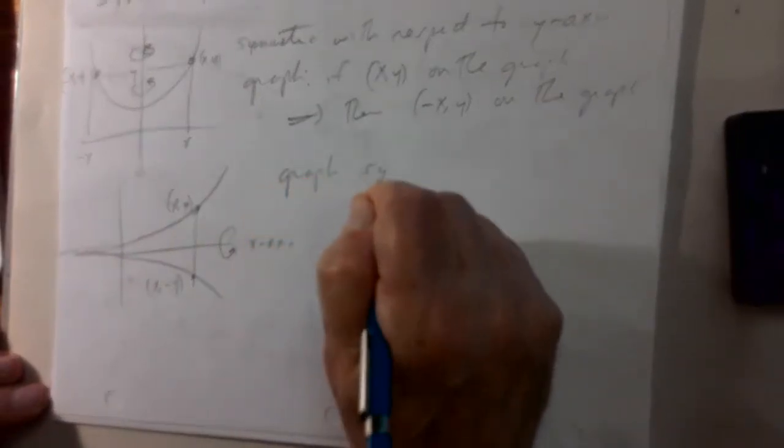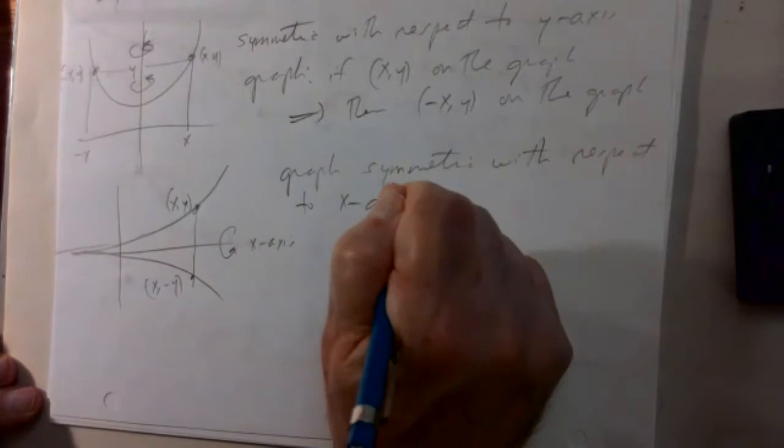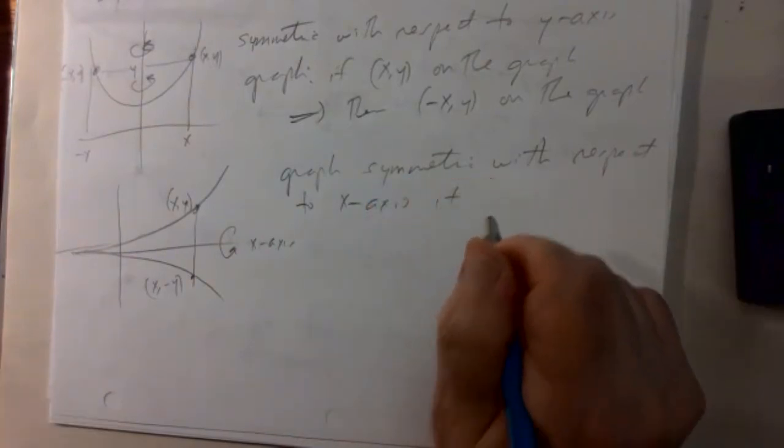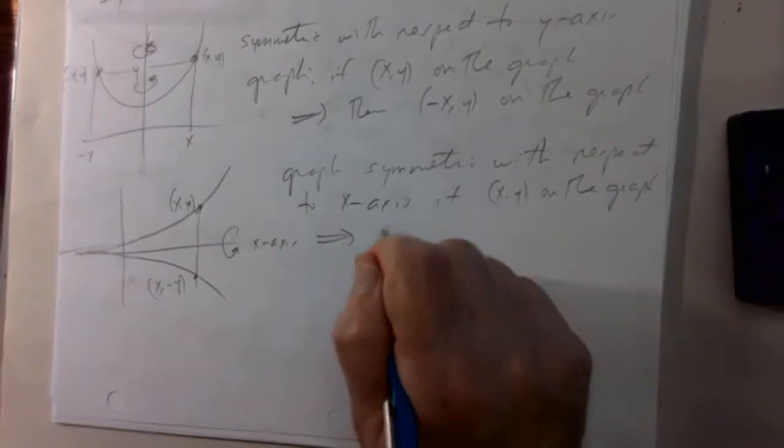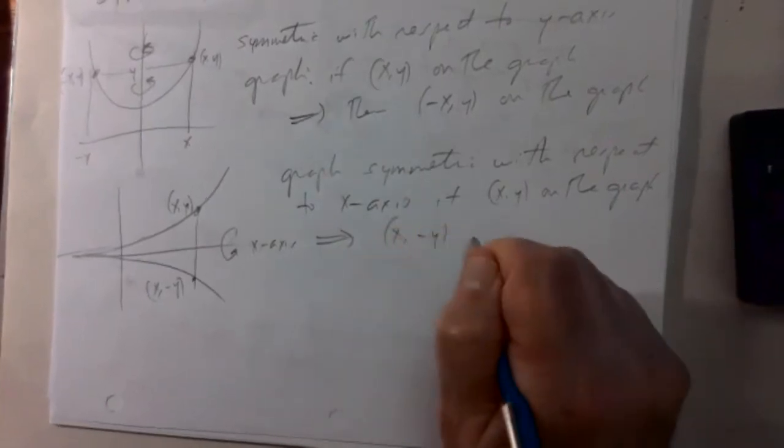So we say a graph is symmetric with respect to the x-axis if x, y on the graph implies that x, minus y is on the graph.